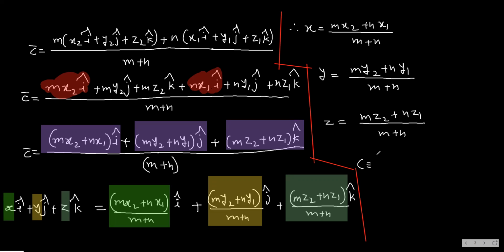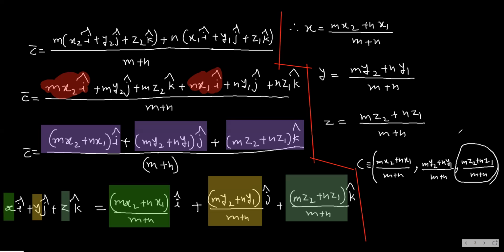The x coordinate is mx2 plus nx1 upon m plus n, the y coordinate is my2 plus ny1 upon m plus n, and the z coordinate is mz2 plus nz1 upon m plus n. Only this part is an addition to the concept, else everything was the same as what we had done.